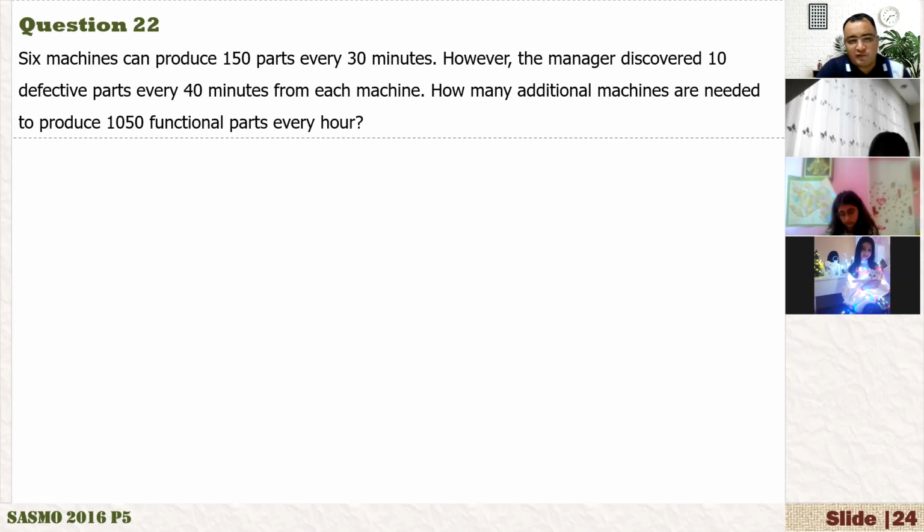Let me repeat: 6 machines can produce 150 parts every 30 minutes. The manager discovered 10 defective parts every 40 minutes from each machine. So how many additional machines are needed to produce 1050 functional parts every hour?